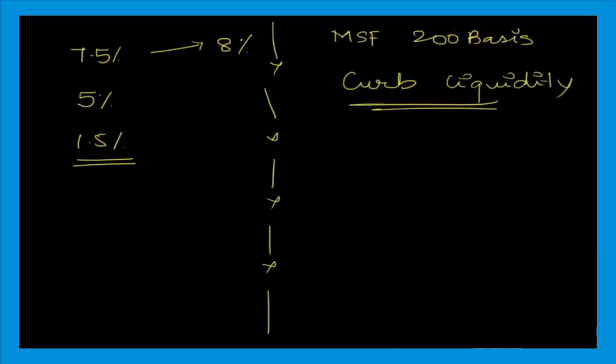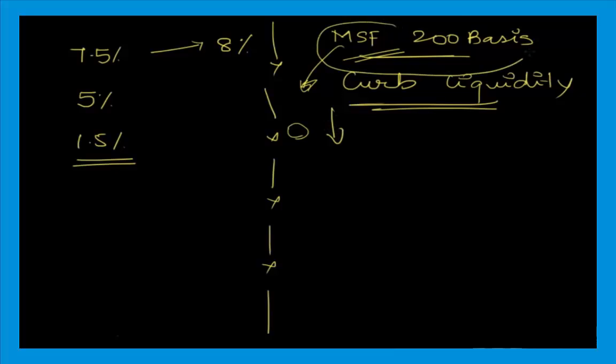The central bank wanted to reduce the liquidity in the market, which is why they increased the MSF by 200 basis points, which will make loans costly for the banks, and hence the banks will take a little less loan. Or even if they take loans under MSF, when they give those out as car loans or home loans, loans will become expensive and hence the liquidity will fall. That was the entire reason why the MSF was increased by 200 basis points.